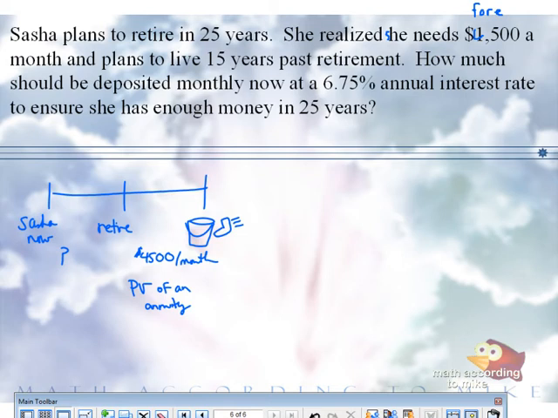A present value is the lump sum she would need right at retirement so that she's able to take out $4,500 a month. The reason it's of an annuity is because she's taking out money monthly. If she was just taking out $4,500 and that's it, it'd be the present value from 5.1.